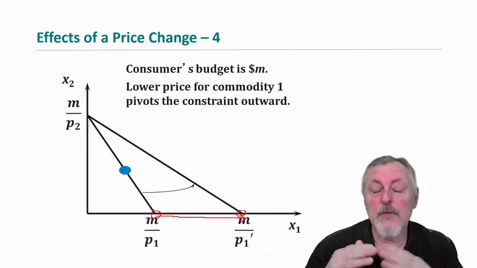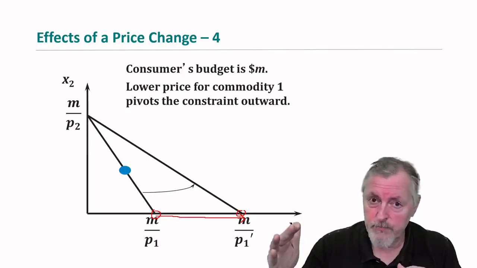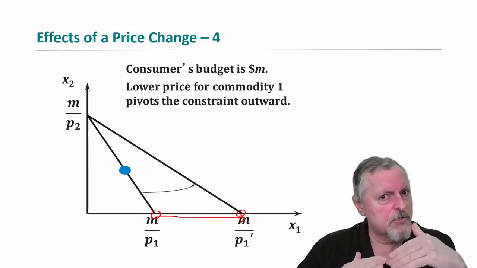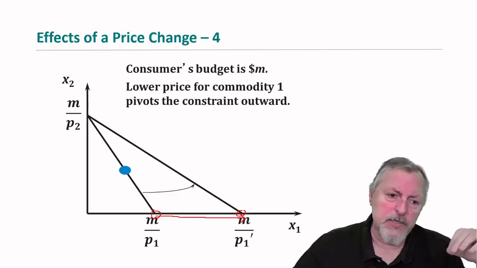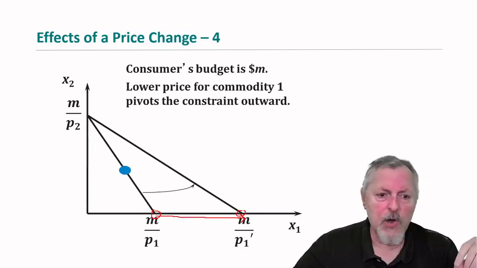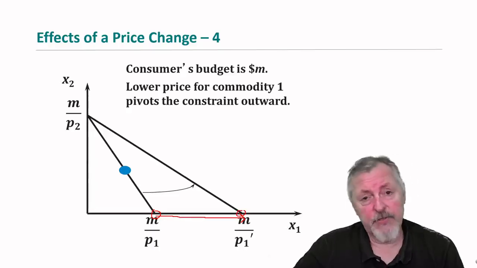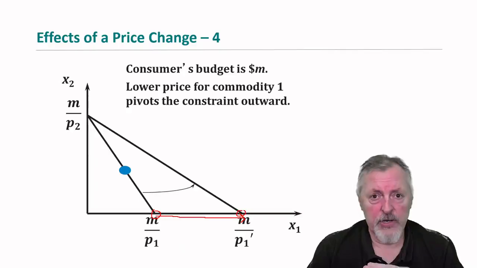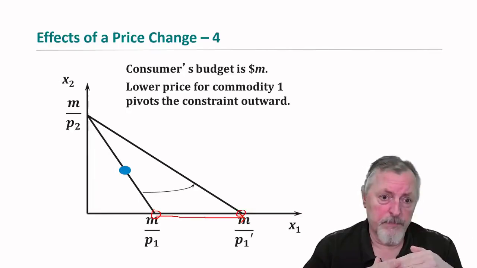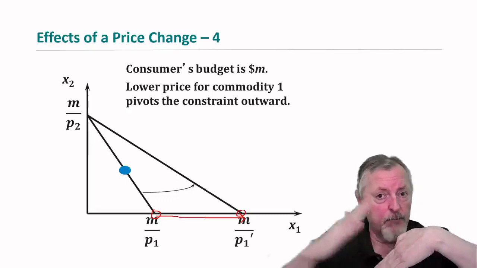If the person gets more money, the budget line moves out from the origin, but it stays parallel to what it was before, because it's the slope that tells you the relative prices of thing 1 and thing 2. So if the prices change, the slope changes. If your income changes, it keeps the slope but moves in and out.